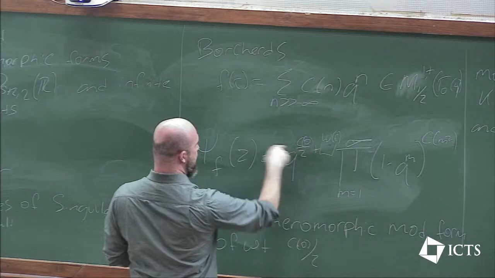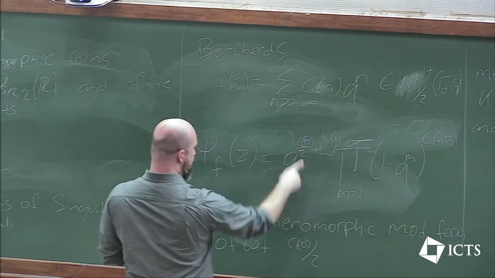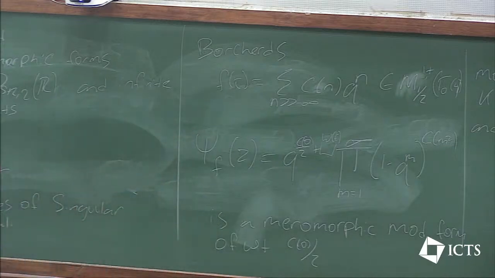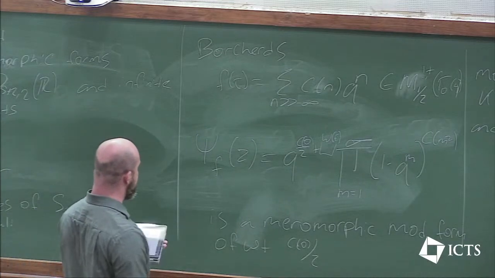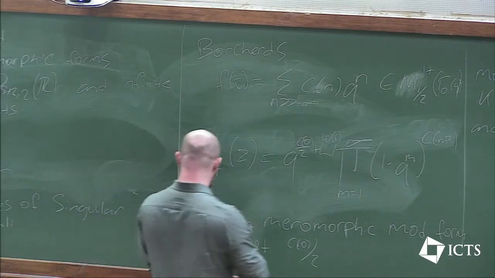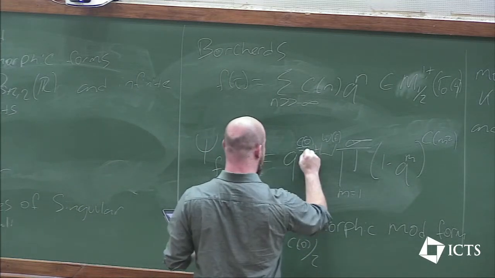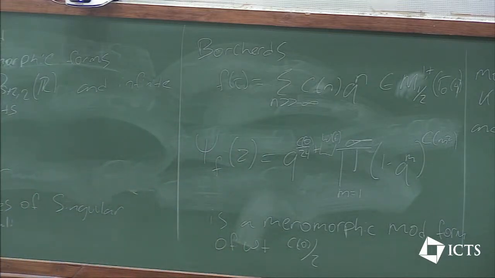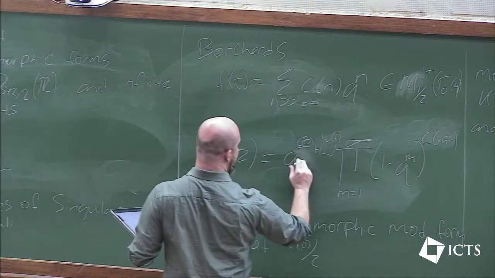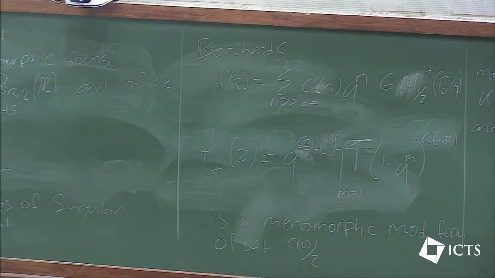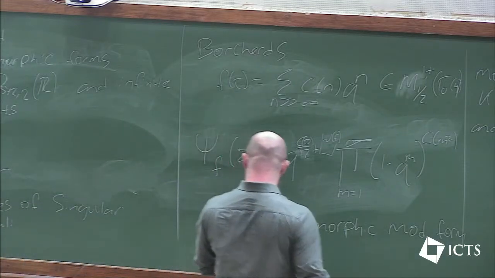So this piece out here is telling us something about our weight. Oh, sorry, that's not a 2. That's a 24 there. No, it's a 12. That's what it is. Meromorphic modular form of weight c0 over 2.